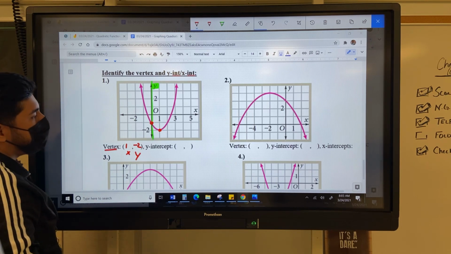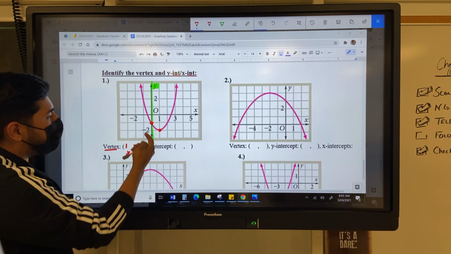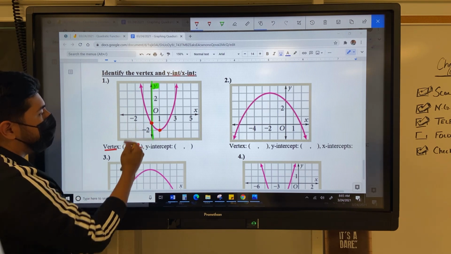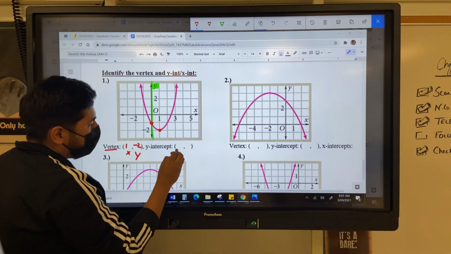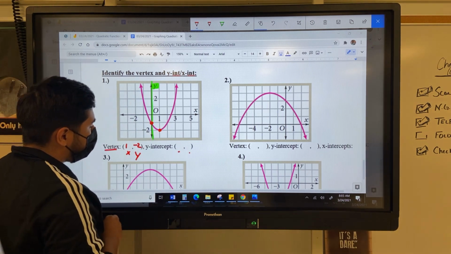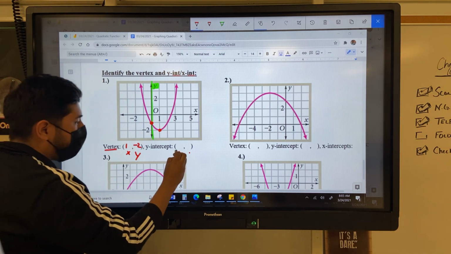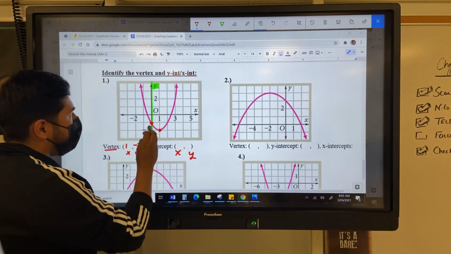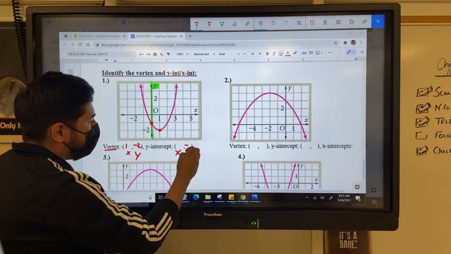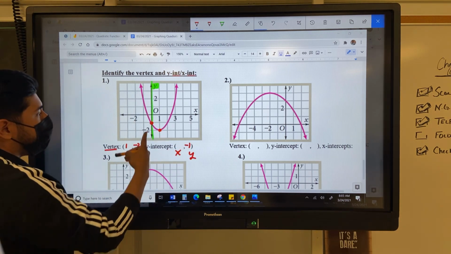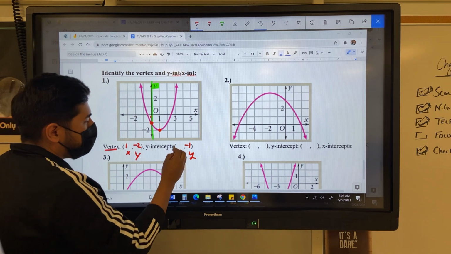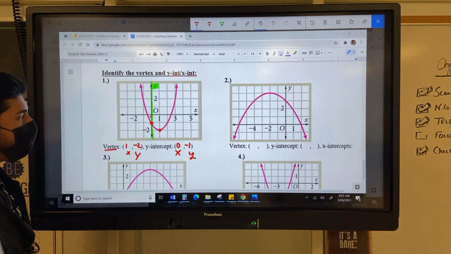Right there. You should be able to say, okay, the number's not there, but it's going by 1, so it's -1. But if I put in -1 right here or right here, don't forget it's x, y. -1 is on my y. What do I put as my x? We'll put 0 because there's no other number.